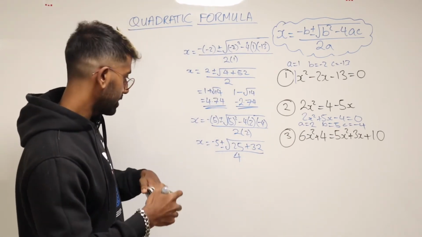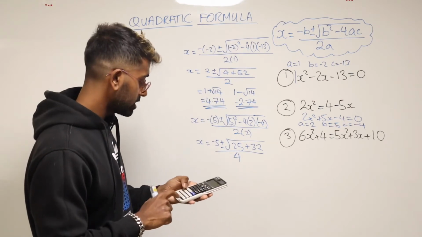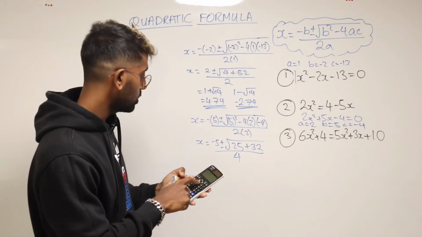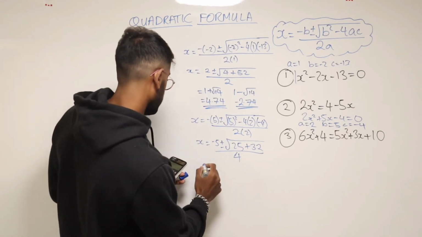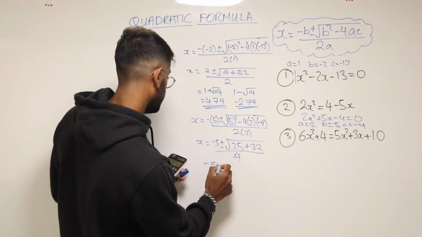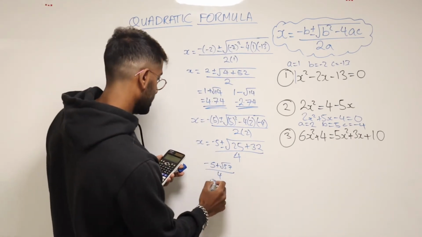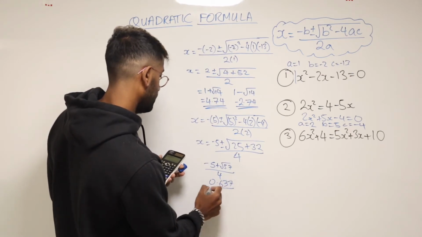So the first thing I'll type in is the positive version of that. So I'm typing in minus 5 plus square root of 25 plus 32, all over 4. And that comes out as something horrible. We've got minus 5 plus the root of 57 over 4. But to 3 sig figs, that's 0.637.